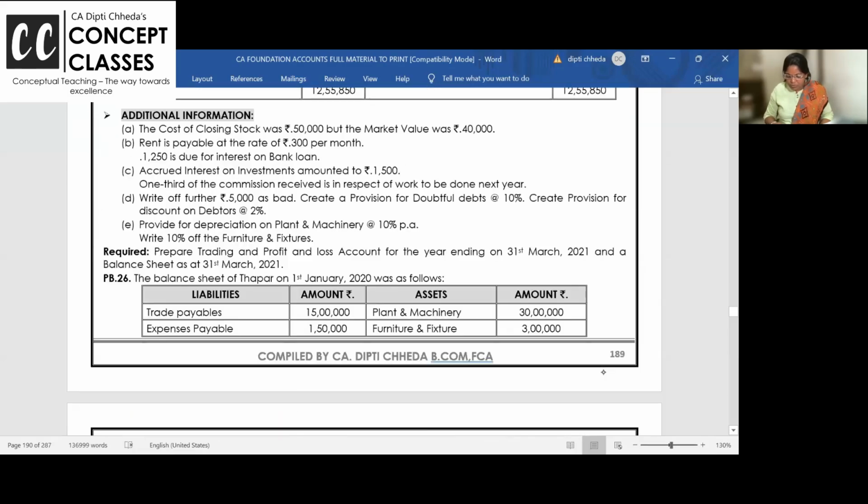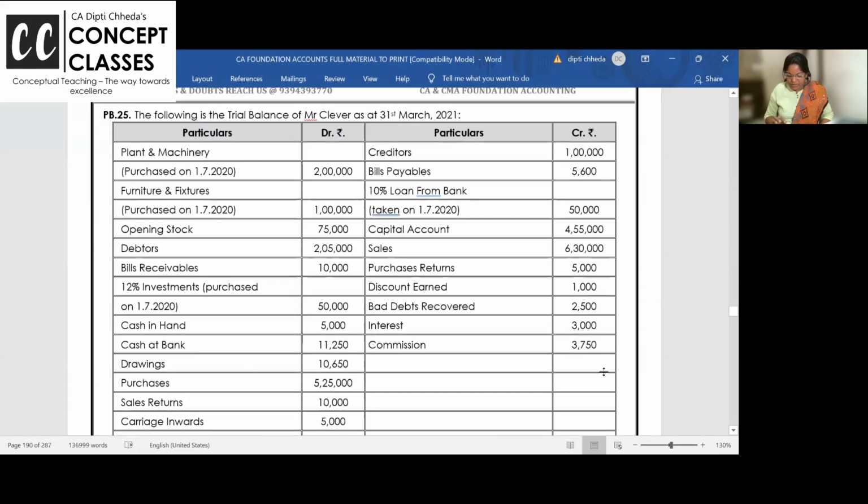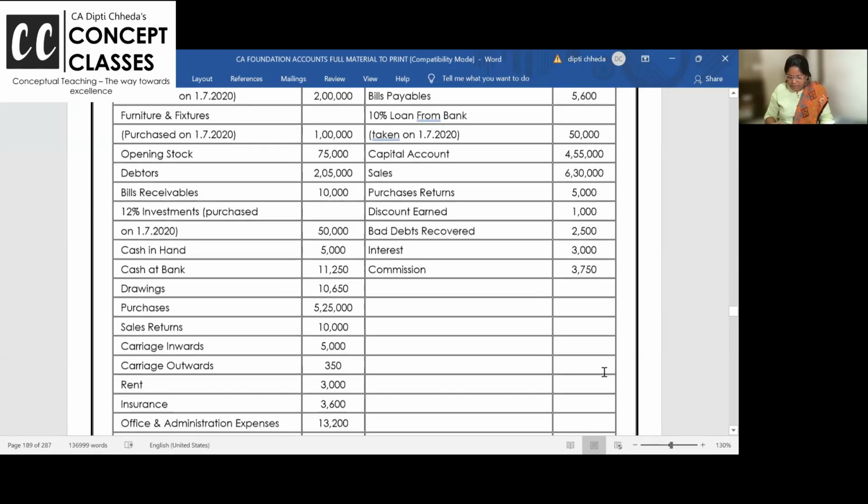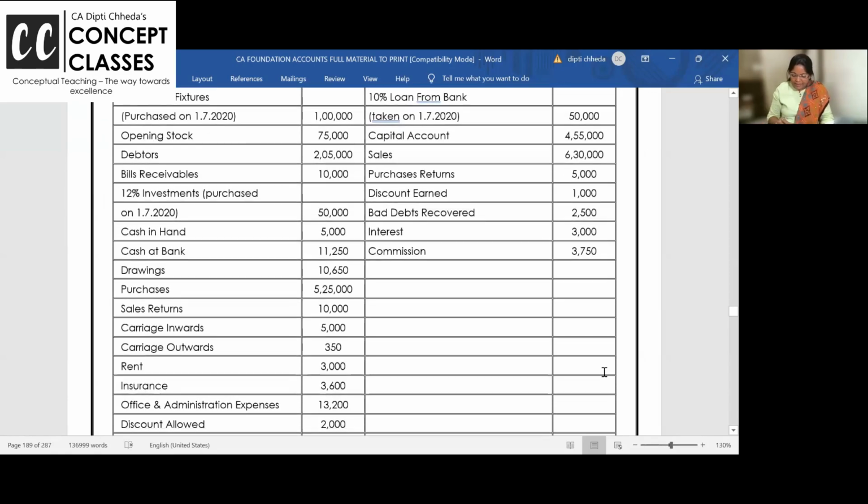One homework I wanted to give, of course you will have to do it, so that you are able to do it independently or not. This one, 25th problem. I know it is huge, but you can do it. Write with each adjustment. Surely do it. Like, see, this is a 12% adjustment in July. So you will take interest only for 9 months.